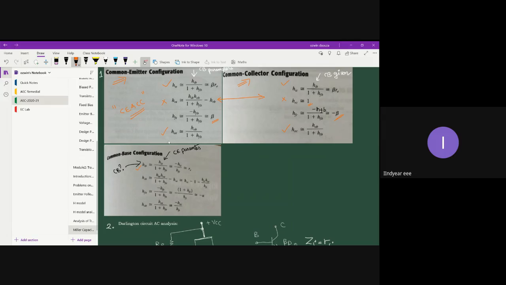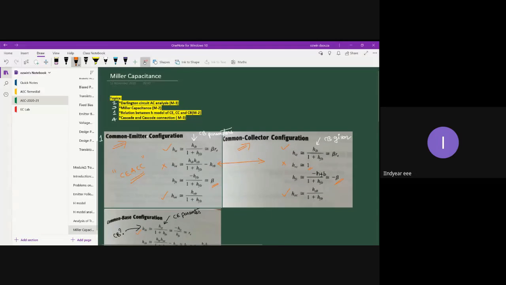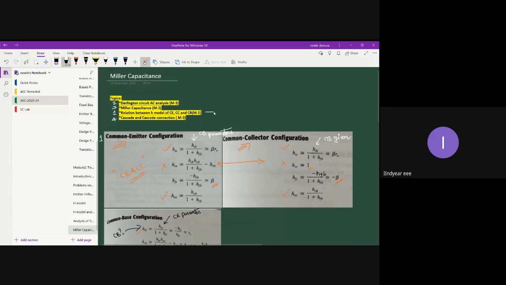If you have any trouble memorizing them, you can skip and attempt a different question in the external examination. If you can memorize, this is the trick you can follow. So that's about the relation between H model of CE, CC, and CB. It is rarely asked, less likely to come.